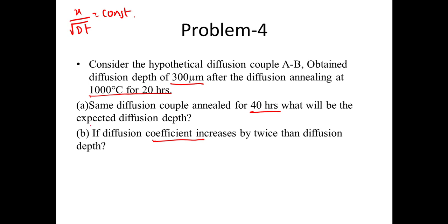So first we'll be solving for the same diffusion couple and a different time, that is 40 hours. So what will be the diffusion depth? We will be using x1 by root D1 t1 equal to x2 by root D2 t2. In case 1, we are not changing the diffusion coefficient value, we are just changing the parameter of time t.